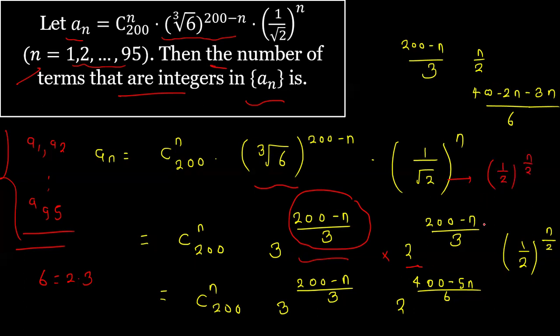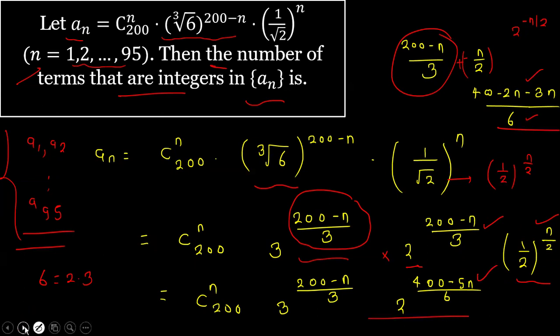Then you can combine these. So (200 minus n) by 3, and also 2 raised to power minus n by 2, then you add these two, so the denominator 6 gives 400 minus 2n minus 3n, so this will become (400 minus 5n) by 6. So this is the thing.